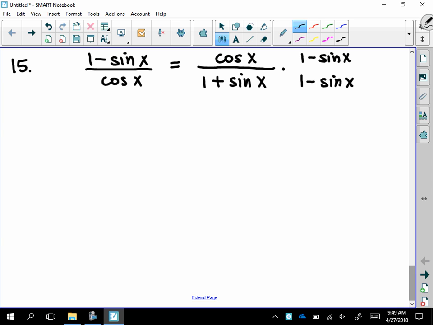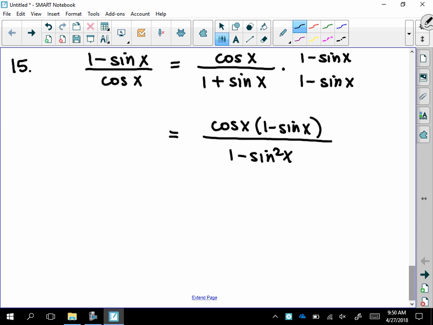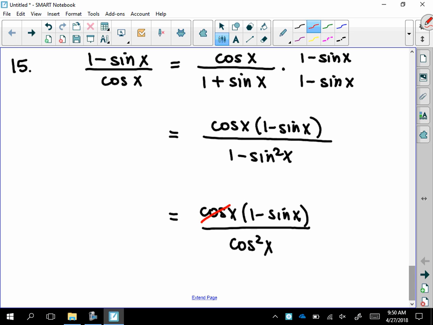One side will be enough, because now on the right-hand side in my numerator, I'll have cosine times 1 minus sine. And in the denominator, I'll have 1 minus sine squared, which is cosine squared, which then cancels with the cosine of the numerator. And then the two sides are equal.